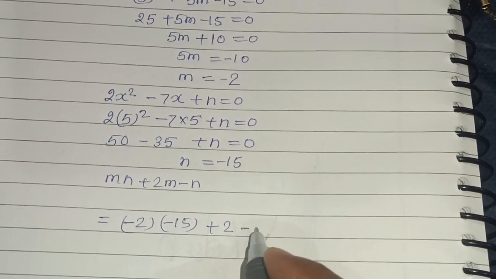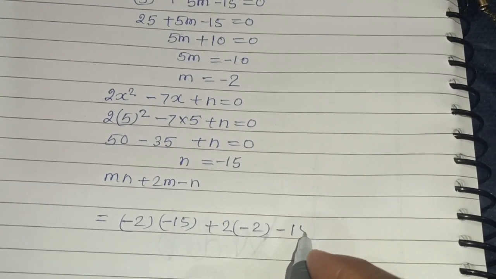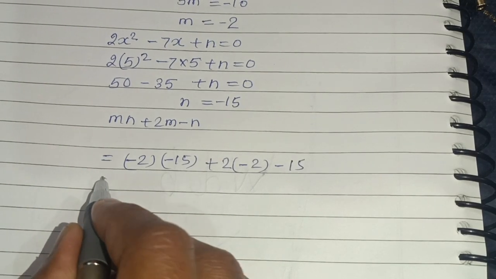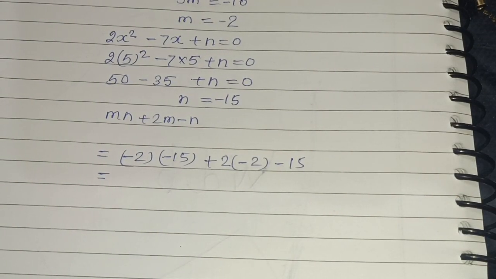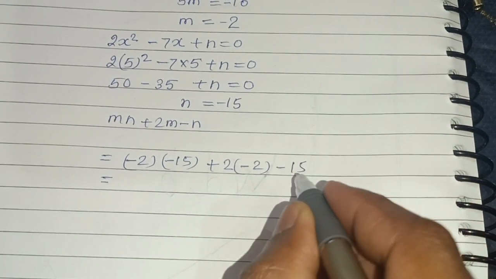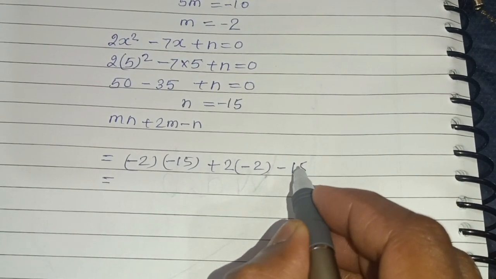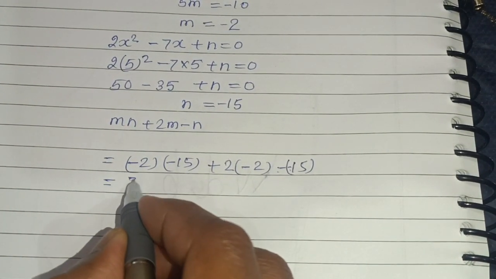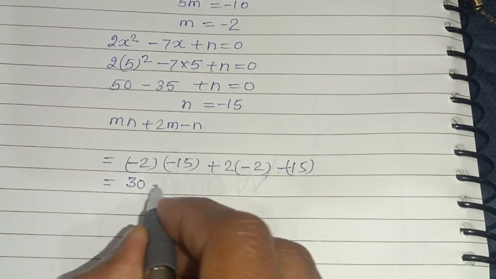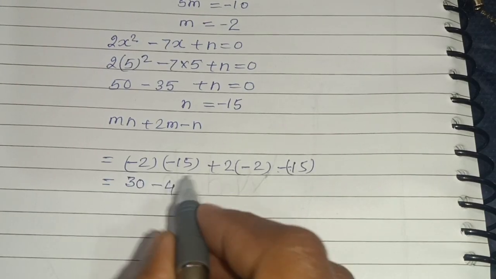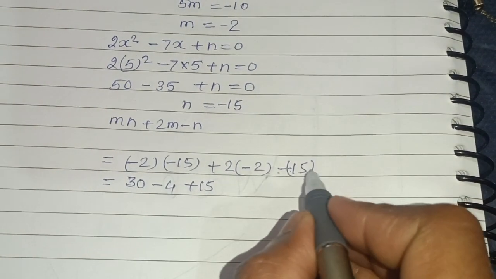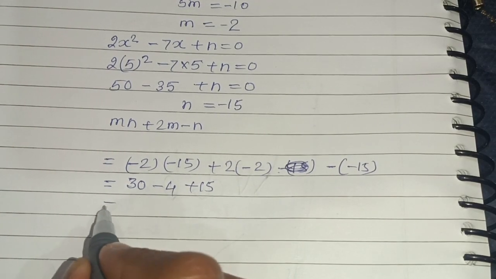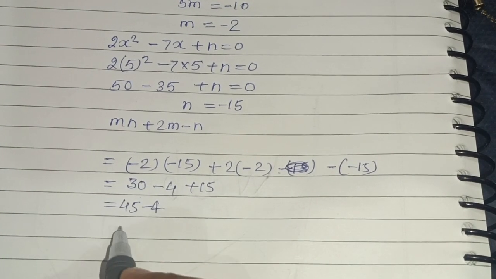So mn is minus 2 into minus 15, that is 30, plus 2m that is minus 4, and minus n that is plus 15. So that is 45 minus 4, that is 41.